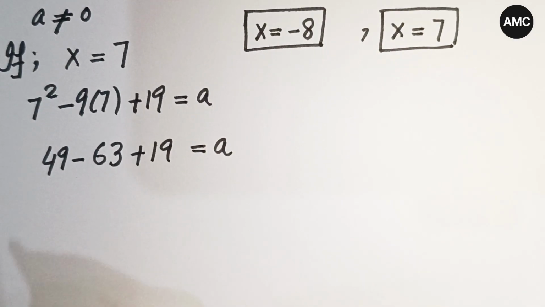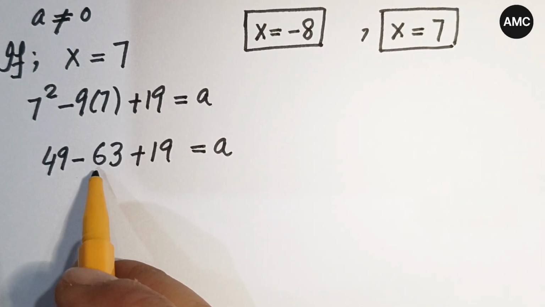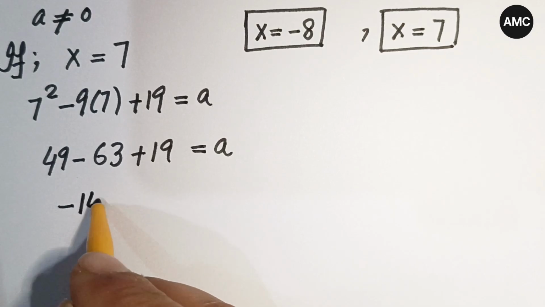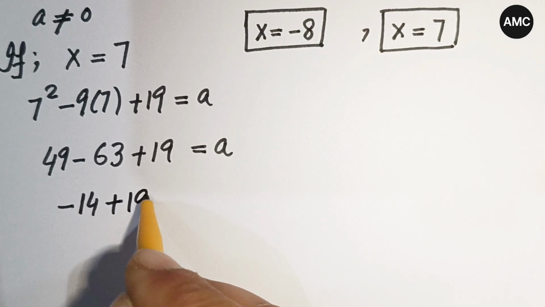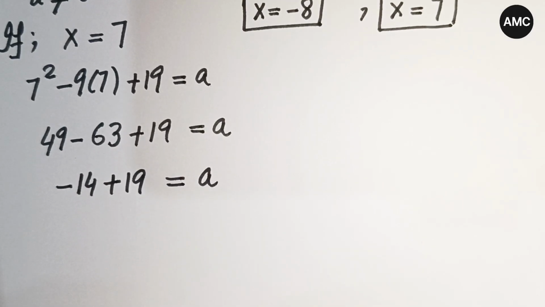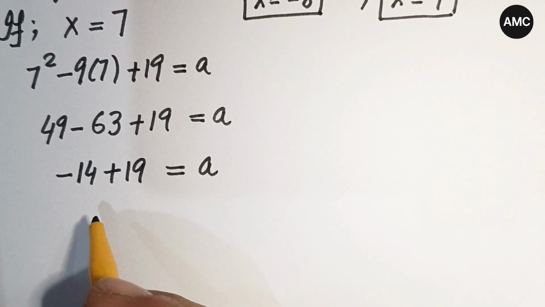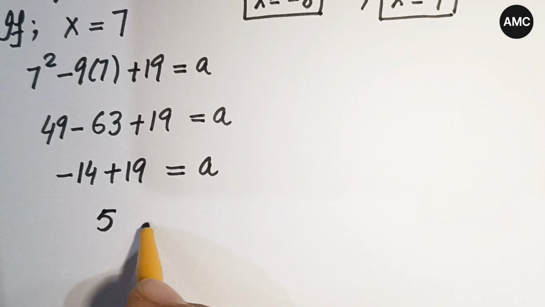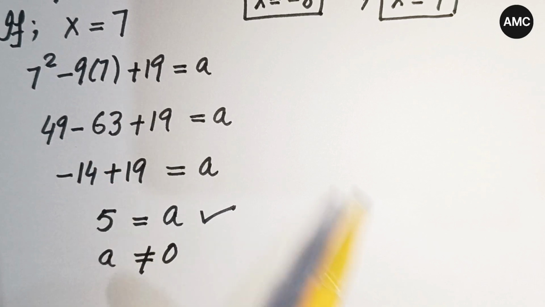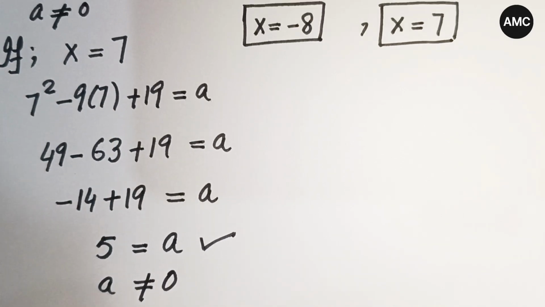So 49 minus 63 is minus 14, and plus 19 is equal to a. Now 19 minus 14 is 5, so a is equal to 5, and here a is also not equal to 0. So it is also a valid solution, x = 7 is a valid solution.